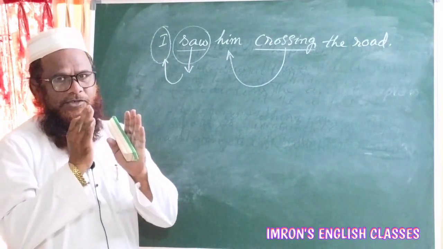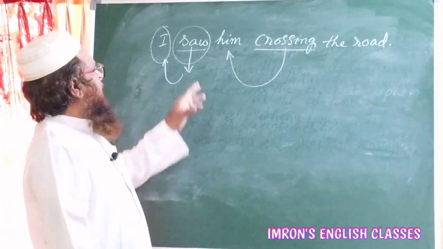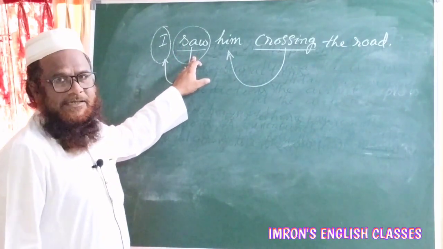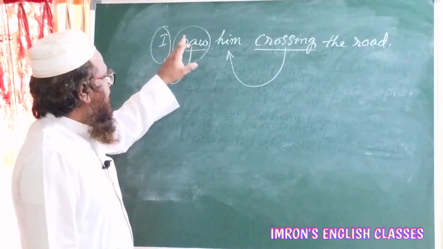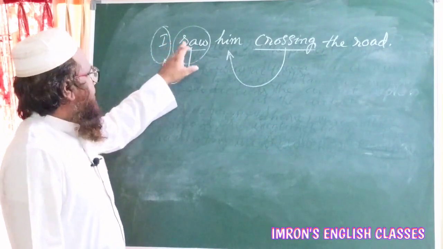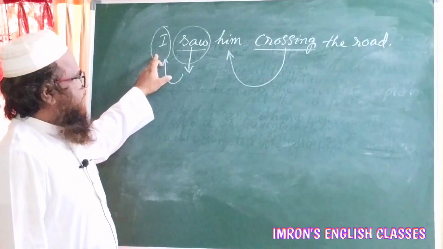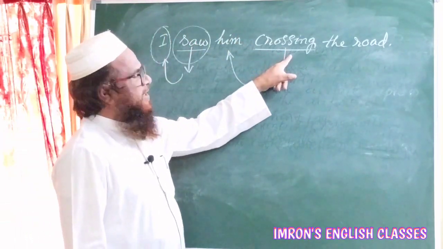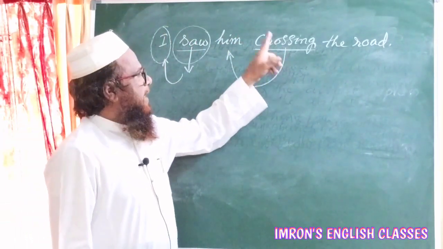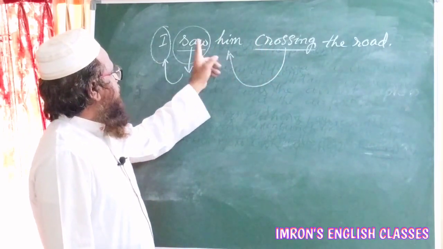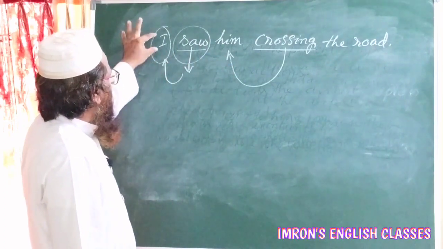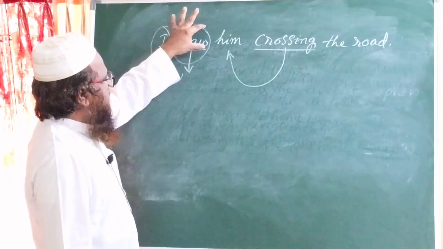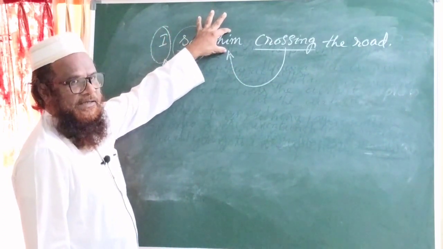Please do note it. The action expressed in the finite verb, I mean the main verb of the sentence, belongs to the subject, and the action mentioned in the present participle belongs to the object of this main verb. Him is the object, I subject, saw is verb, him is object.